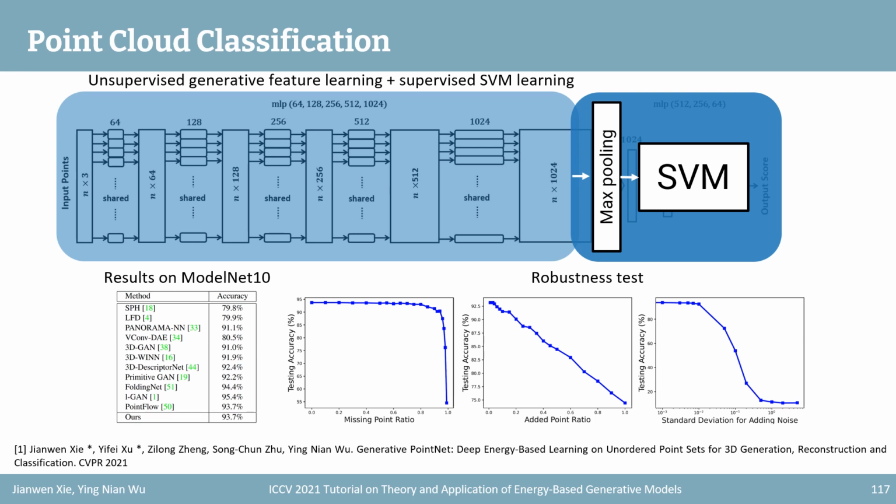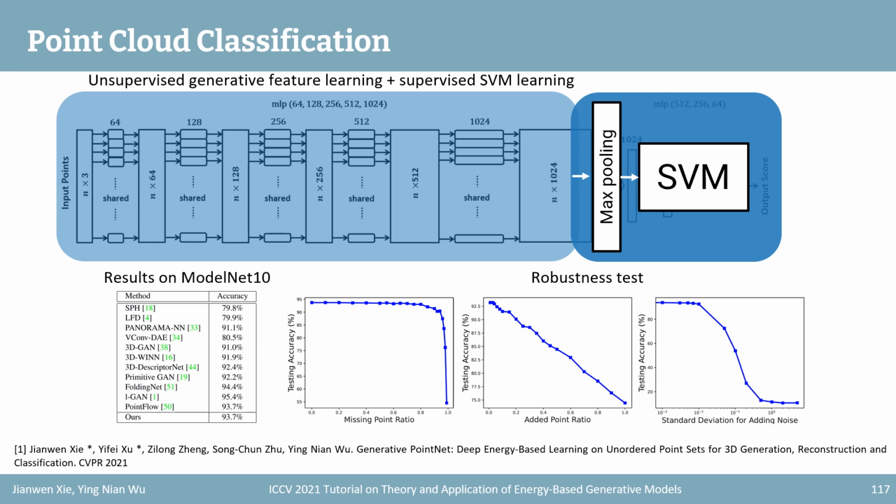The learned point encoder in the score function can be useful for point cloud feature extraction, and the features can be applied to supervised learning. We first train a single generative point net on the training examples from all categories. We then replace the average pooling with a max pooling layer in the learned score function, and use the output of the max pooling as point cloud features.